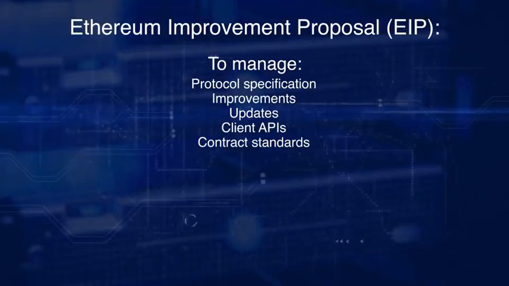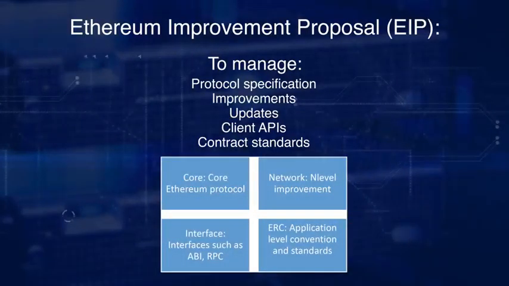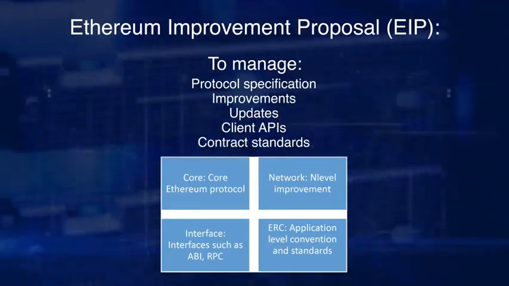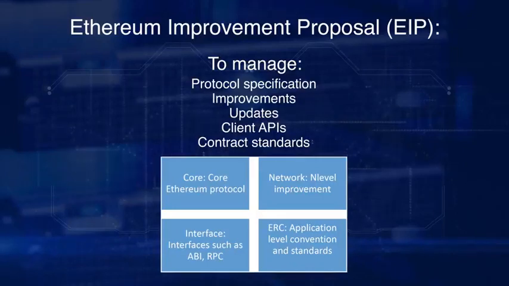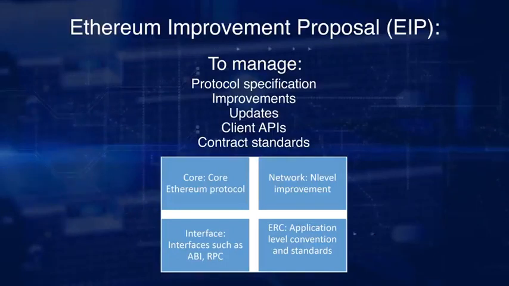EIP handles issues in 4 different categories, including core, or core Ethereum protocol, network, or network level improvement, interface, or interfaces such as ABI and RPC, and ERC, or application level conventions and standards.